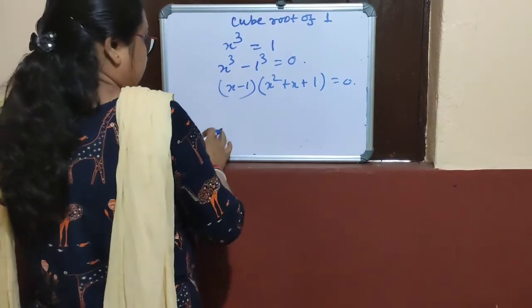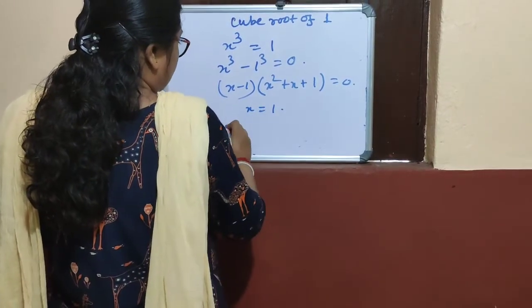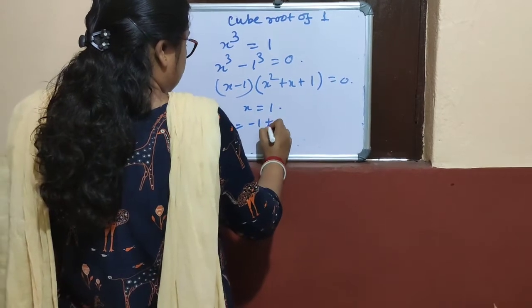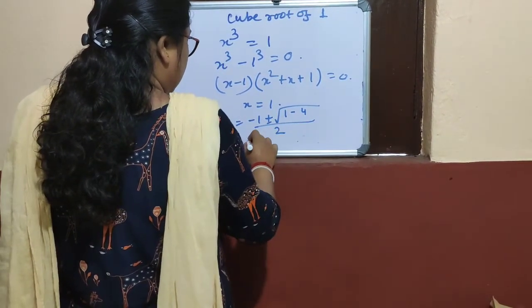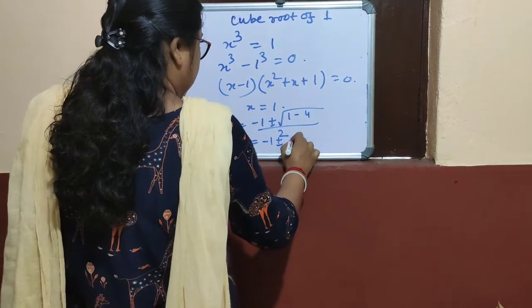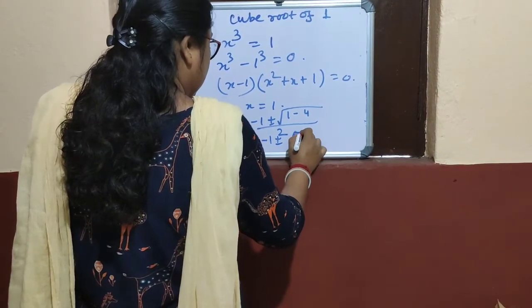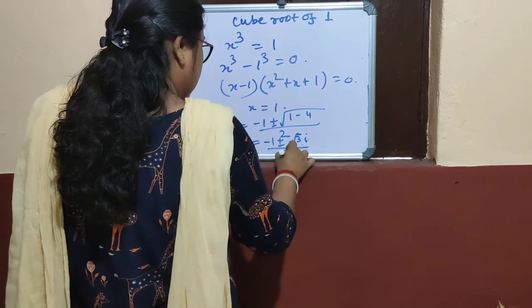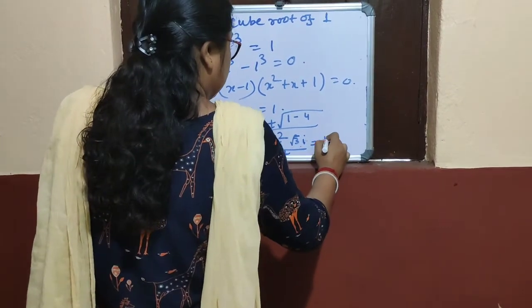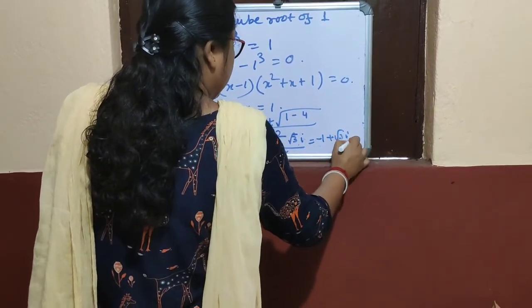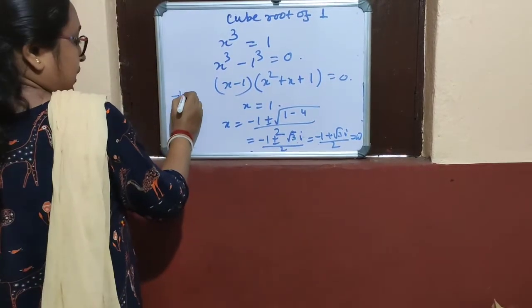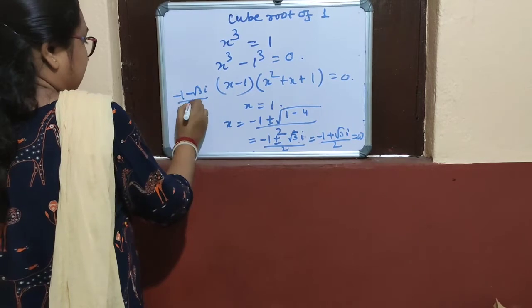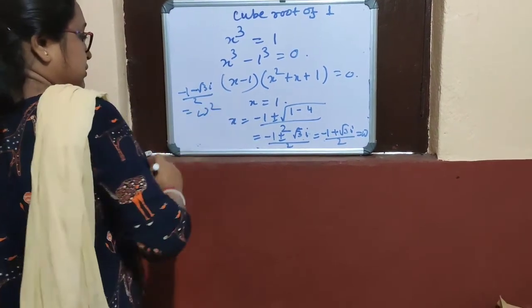In this way, x is equal to either 1 or x is equal to minus 1 plus minus root of b square minus 4ac divided by 2a, or minus 1 plus minus root 3i by 2. Minus 1 plus root 3i by 2 is called omega, and minus 1 minus root 3i by 2 is called omega square.